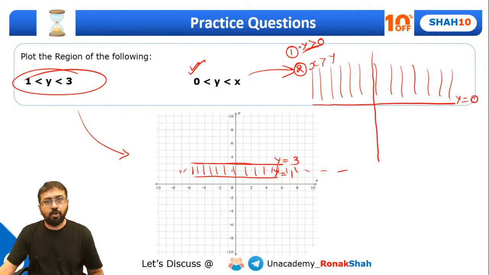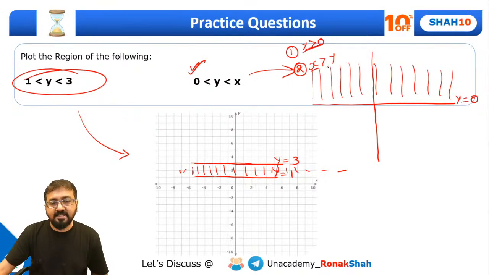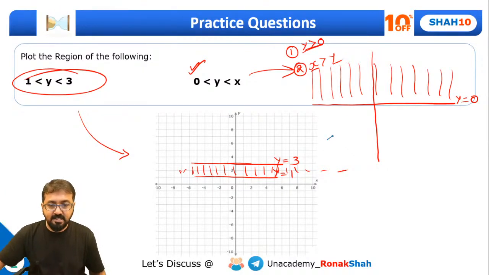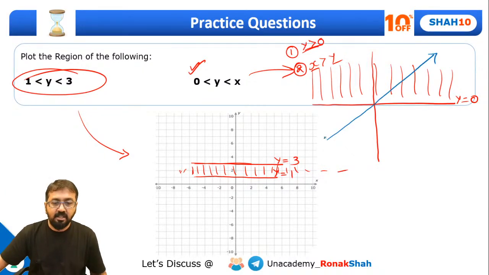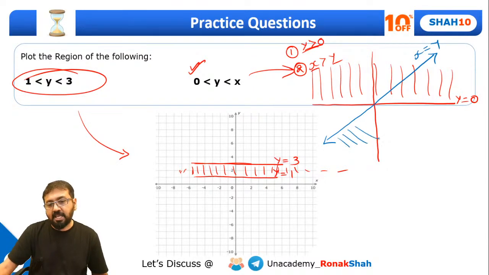Do you all understand? Now x equal to y, it's this line. Let me use a different color so that you guys can understand. This 45-degree line is for x equal to y. So x greater than y, naturally you can make out it's this region.